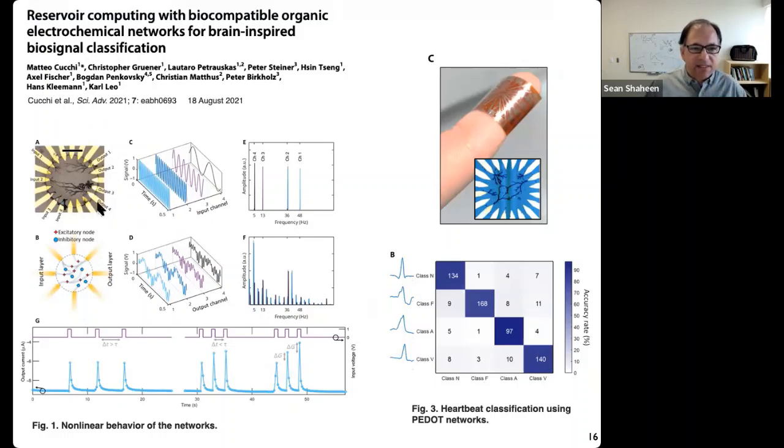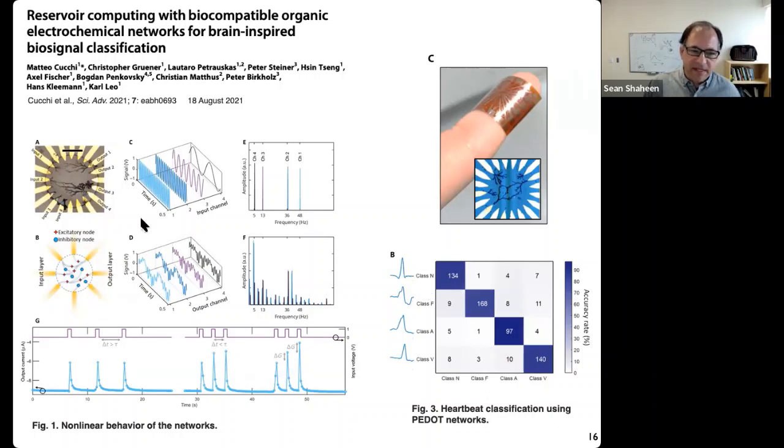And in this case, the random connections and random topology of those dendritic polymer chains formed the reservoir network, so formed the topology. And then the flow of ions into and out of the channel was a way to modulate the connection weights. So they built this, and then they integrated it into a flexible plastic and wrapped it around the finger, and were able to measure your ECG and classify heartbeats using that simple device with quite good accuracy. So 90% and above accuracy.